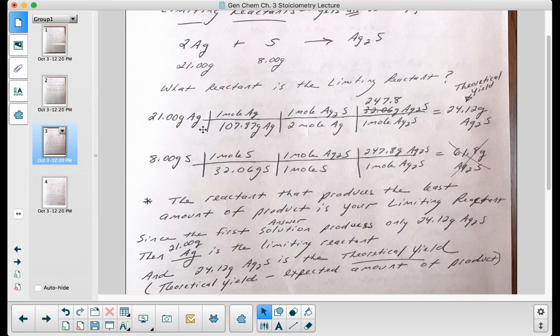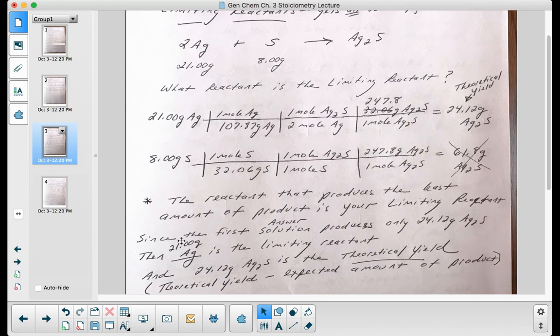It goes against the law of conservation because look, it's just a ridiculous answer here. 61.8 grams is nowhere near possible that 21 grams of something and 8 grams of something could create so much extra matter or any extra matter.